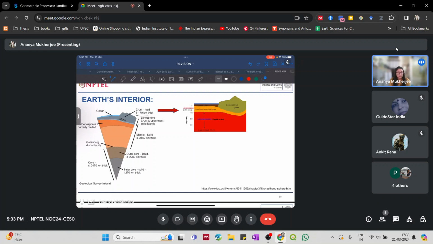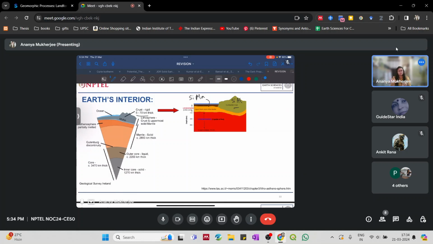You have continental crust and oceanic crust; continental crust is mostly made up of silica and aluminium, and oceanic crust is mostly made up of silica and mafic minerals. Mafic minerals as in iron, magnesium, manganese.